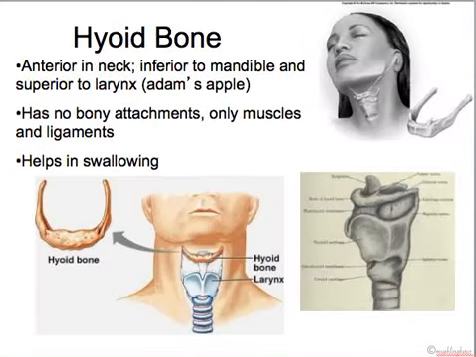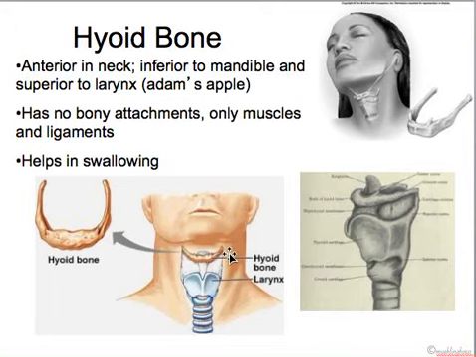Okay, and last but not least, here's the hyoid bone. It's a bone in the front of the neck, below the mandible. You can touch it, and it's right superior to the larynx. When you poke in from the front, you feel the Adam's apple in the guys, and the ladies have it too, you just can't see it. If you go a little bit above it, you have that bone.